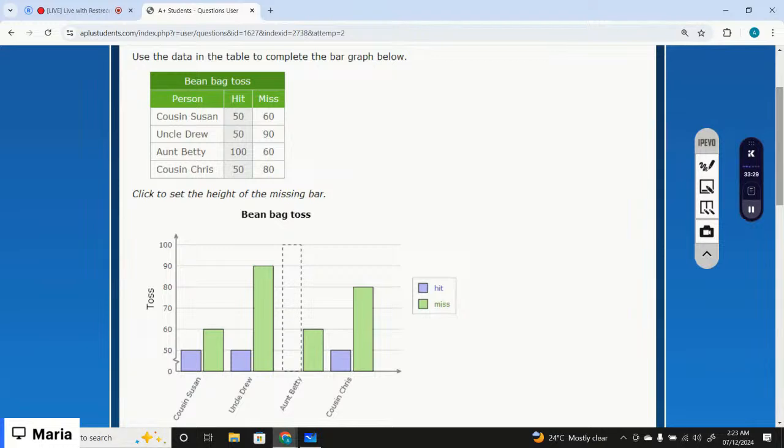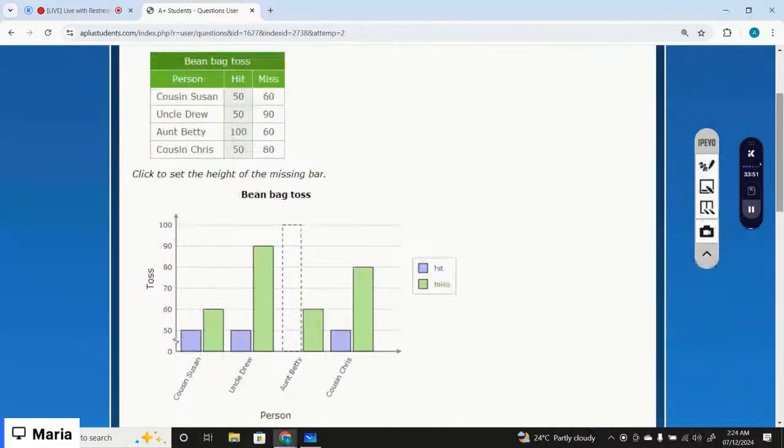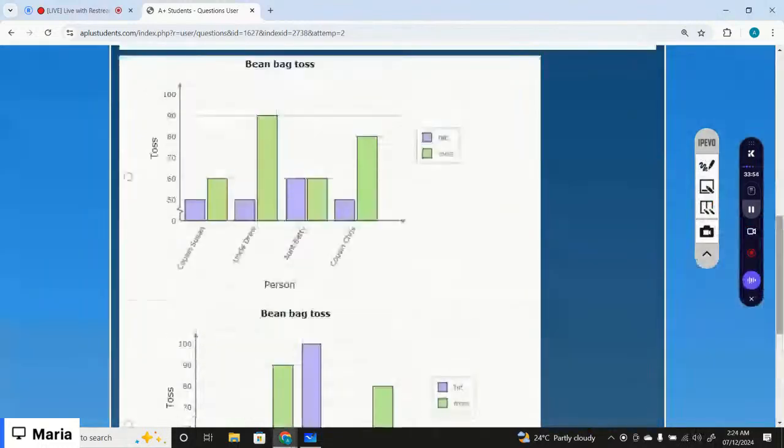Let me just write down the values here so that we can match with the graph, that is hit and that is miss. 50, 60, 50, 90, 160 and 50, 80. Now let's match it with both of the graphs, right?